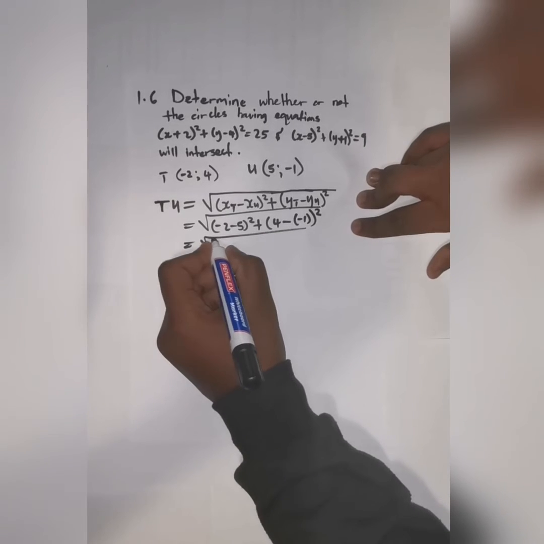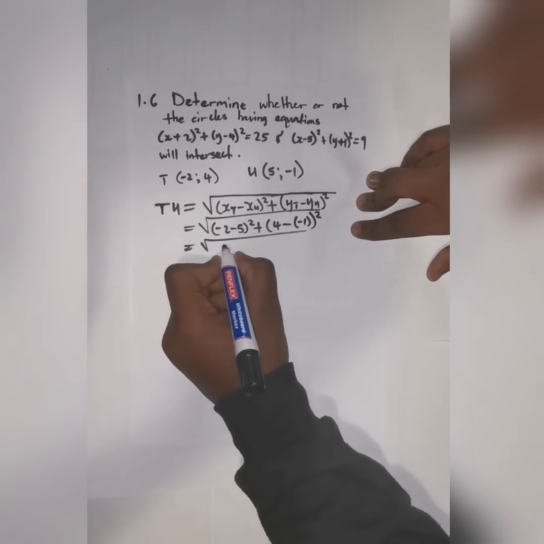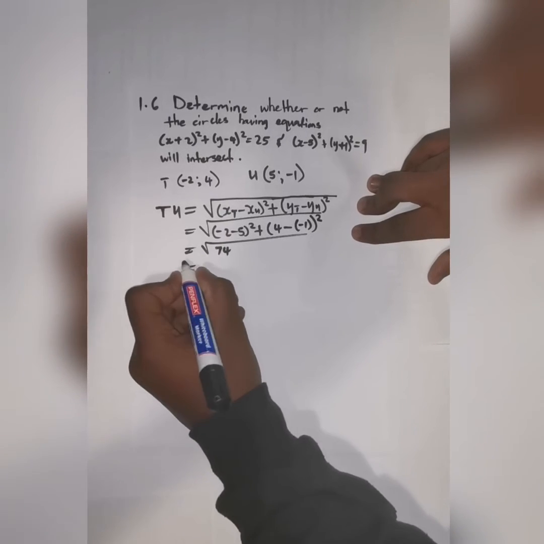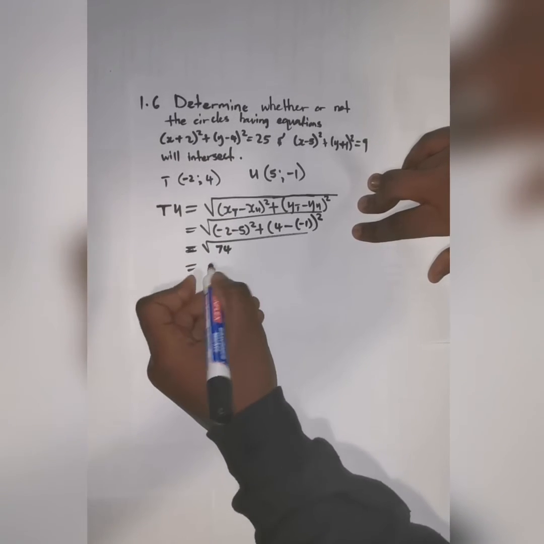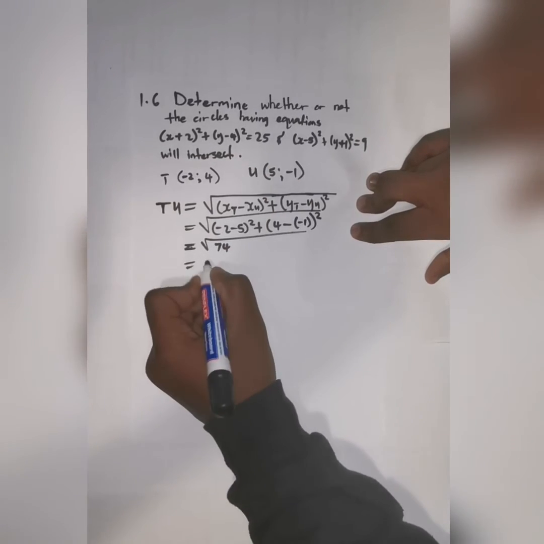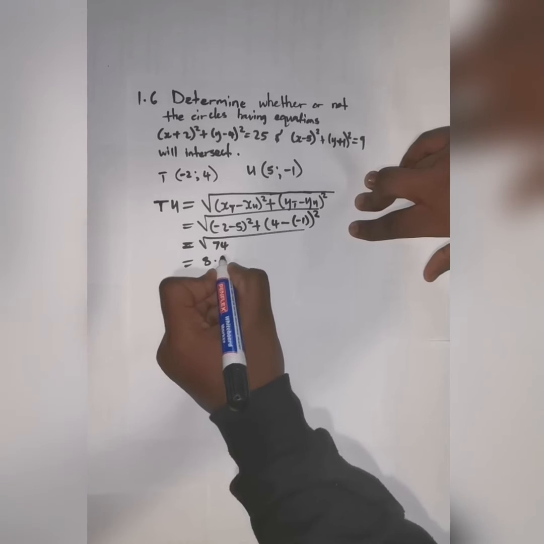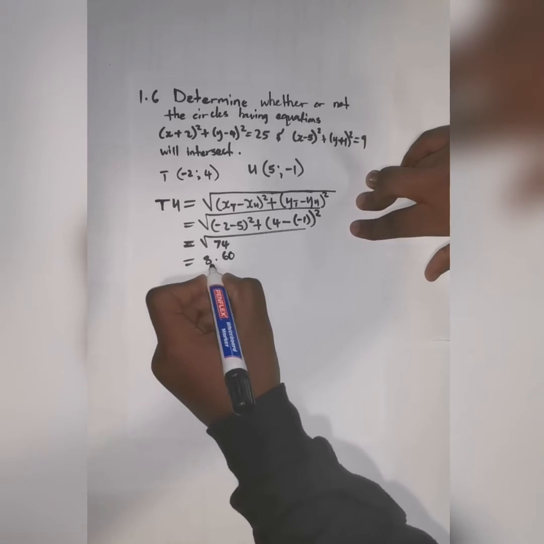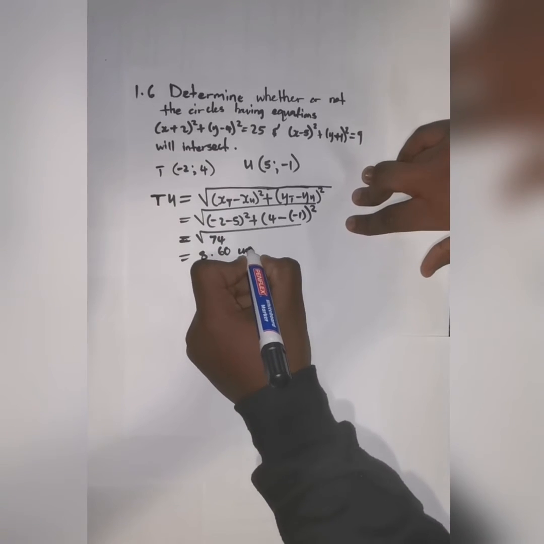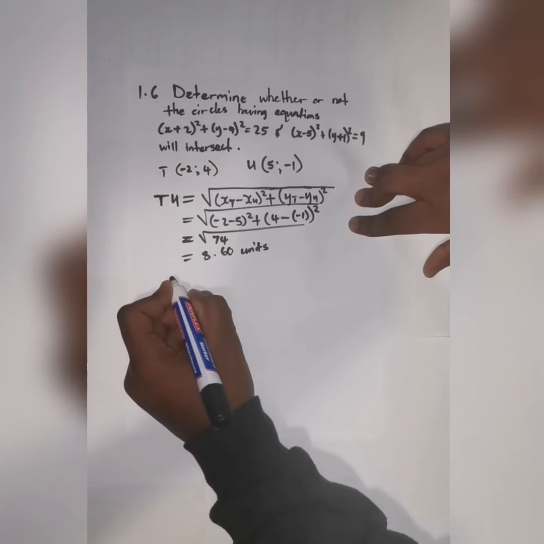If you put this in the calculator, it gives you root 74, and you need to put this in decimal form when dealing with intersection. This is approximately 8.6 units.